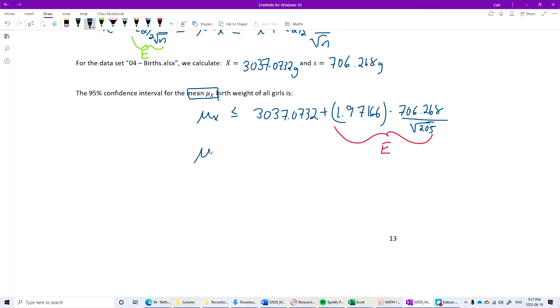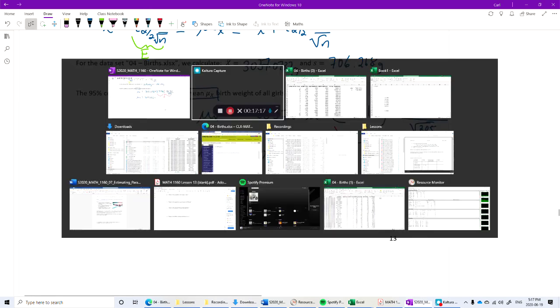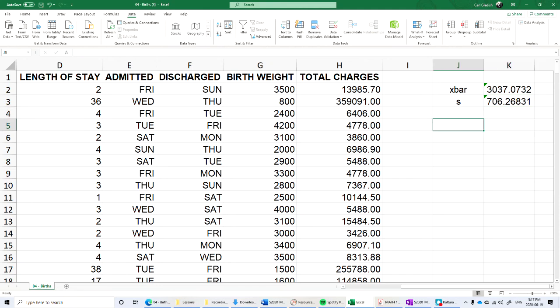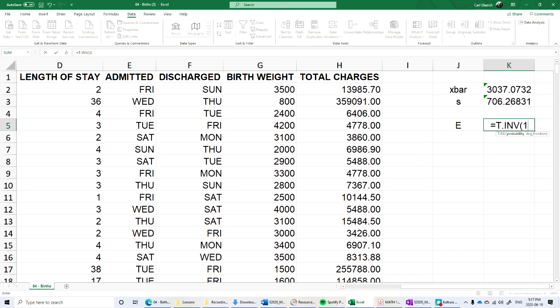So mu x is less than or equal to 3037.0732 plus E. I'm going to just use Excel for this calculation. So E is going to be the critical value, which, why don't I just calculate it again? T.INV of 1 minus 0.025, degrees of freedom was 204. That's my T, times S, which is cell K3, divided by the square root of n, 205.